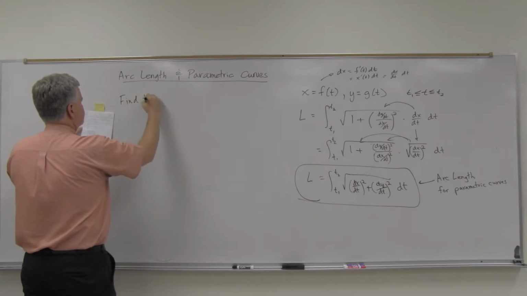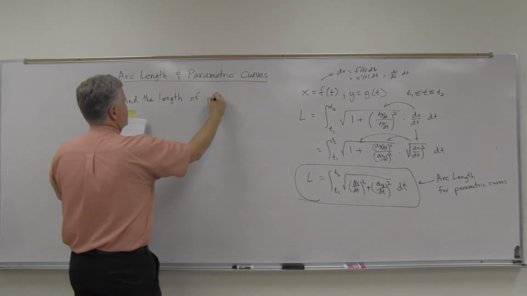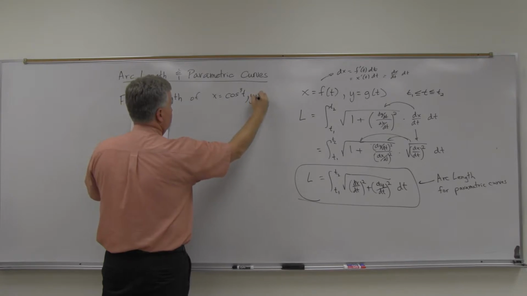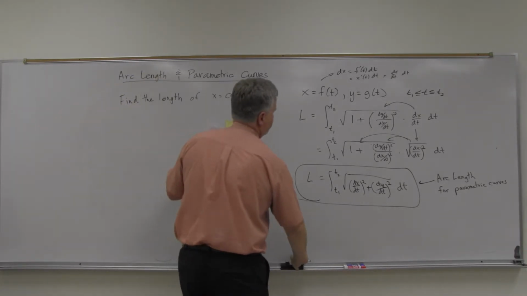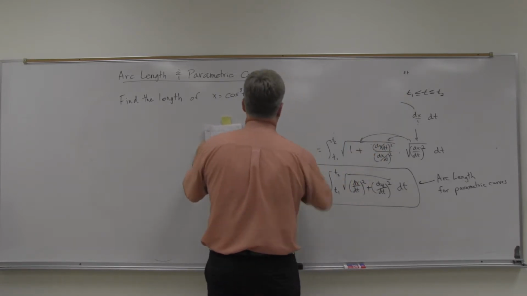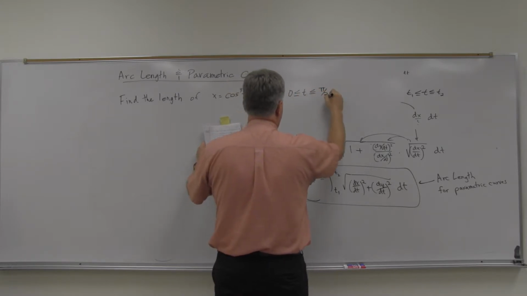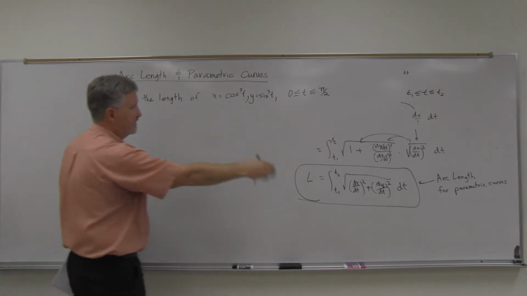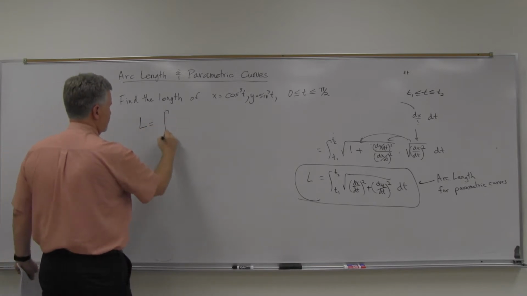of x equals cosine cubed t, y equals sine cubed t, and t is going from 0 to pi over 2. So we've got parametric, so we're going to use our little formula shown right there.